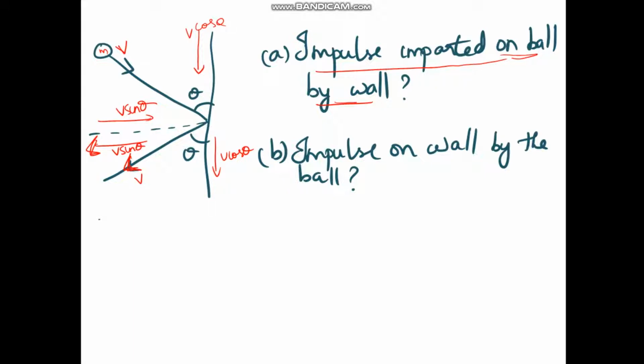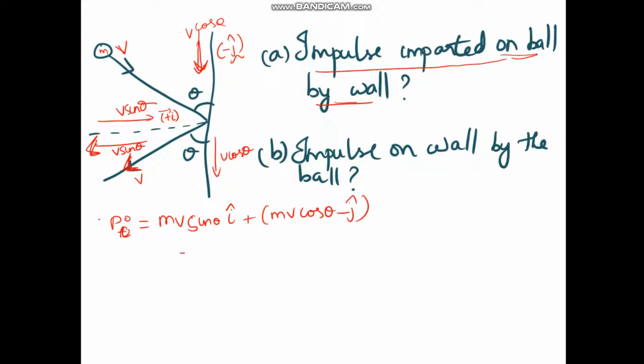Now this is along the positive axis, so plus i cap. This is along the negative axis, minus j cap. Now I am writing P i, initial momentum. Initial momentum is along the x component, mv sin theta into plus i cap, plus mv cos theta into minus j cap, since it is in the downward direction, negative y-axis.